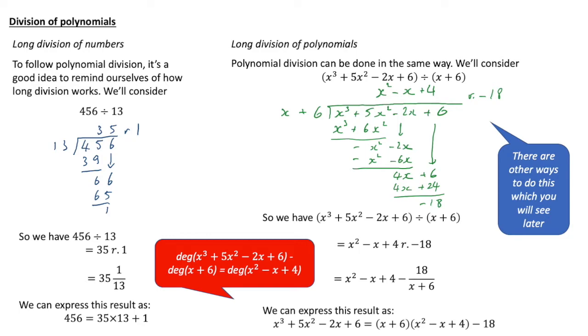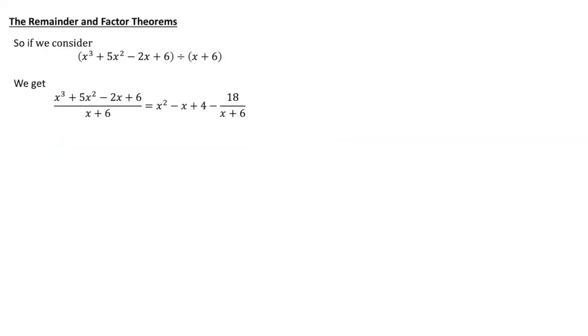Okay, now all this is leading us to a couple of very important theorems, and they are called the remainder and factor theorems. So we've just seen that if we do that division, x cubed plus 5x squared minus 2x plus 6 divided by x plus 6, we get this answer which we can write out.